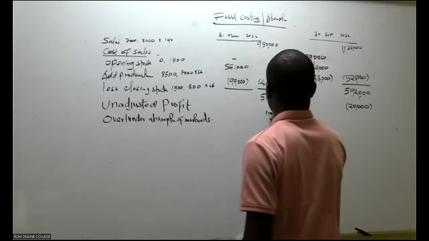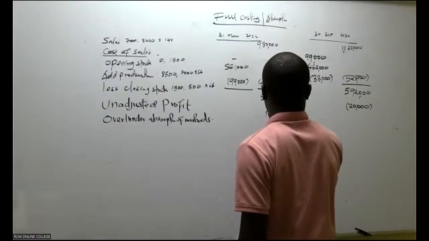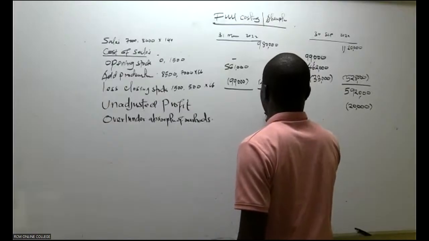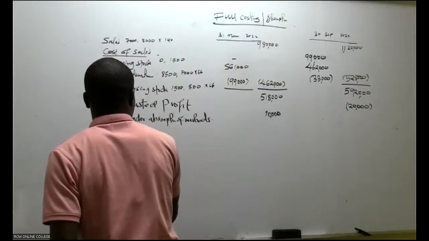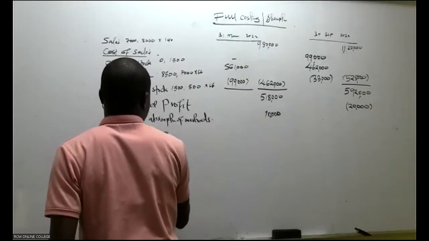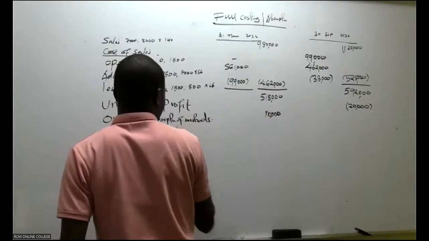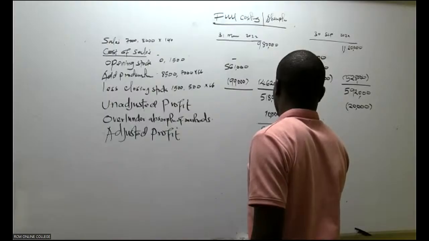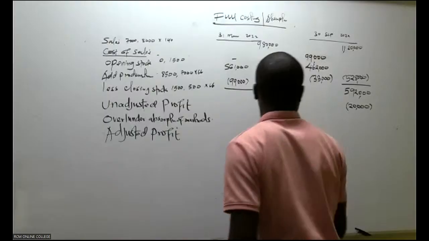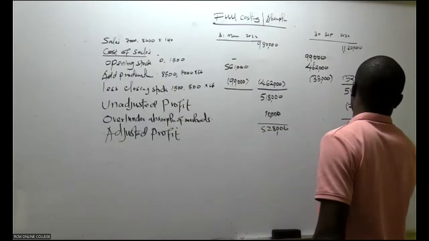So if that is done, the profit you are going to get is called adjusted profit, which will be 528,000, which will be 572,000.